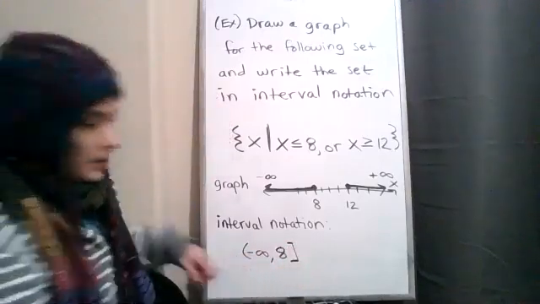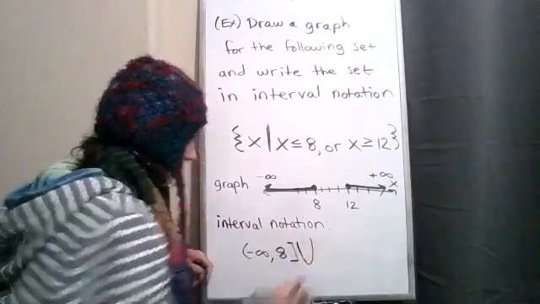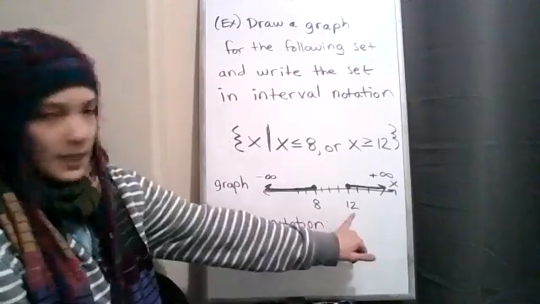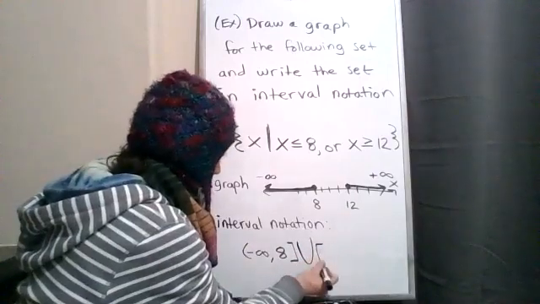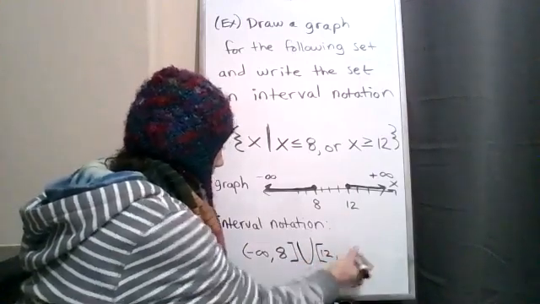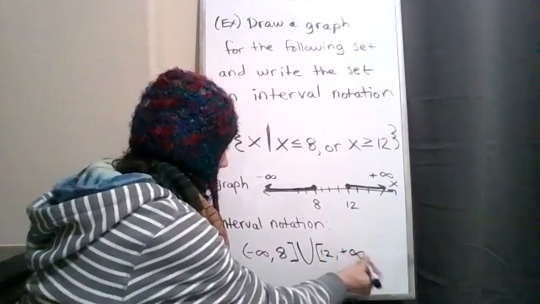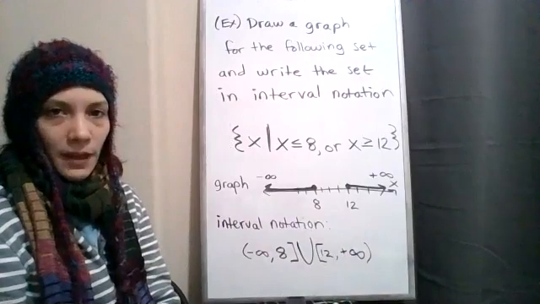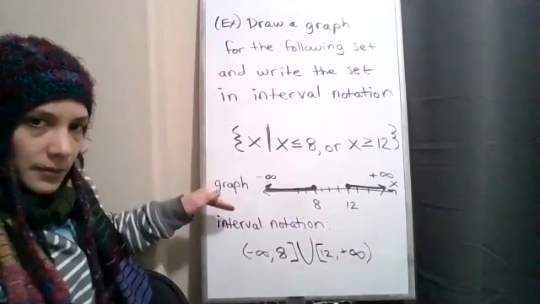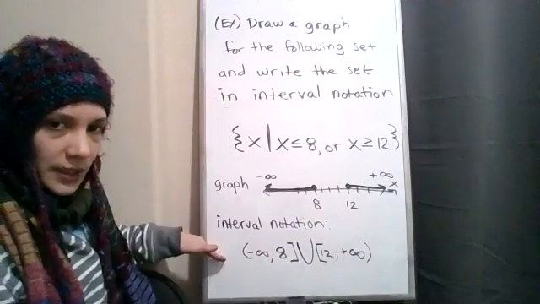Union your set with a set that starts at 12 and includes 12. So first we did the graph, and then we got the interval notation, and we're done.